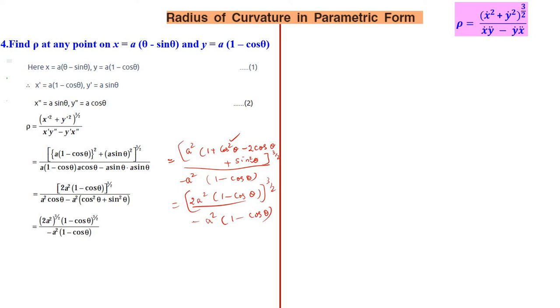So you can cancel 1 minus cos theta, so you have minus 2 root 2a 1 minus cos theta to the power half.